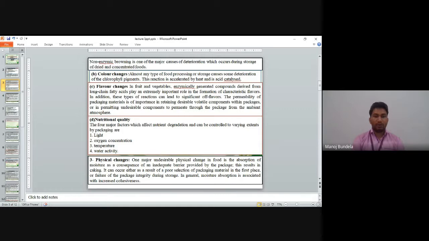It can occur either as a result of poor selection of packaging material in the first place or failure of packaging integrity during storage. Generally, moisture absorption is associated with increased consequences. So these are the physical changes, meaning physical changes will occur.